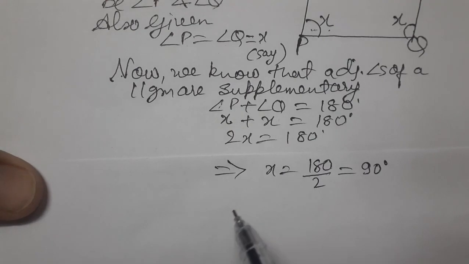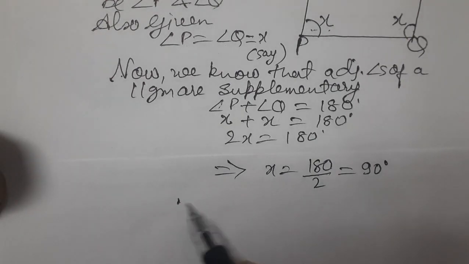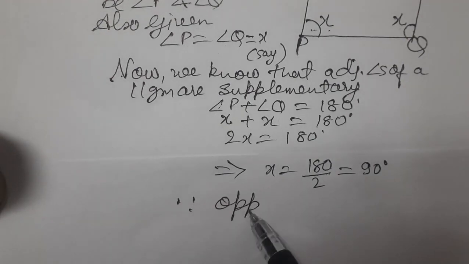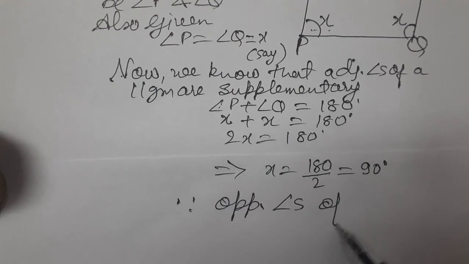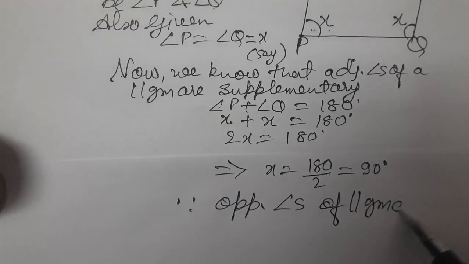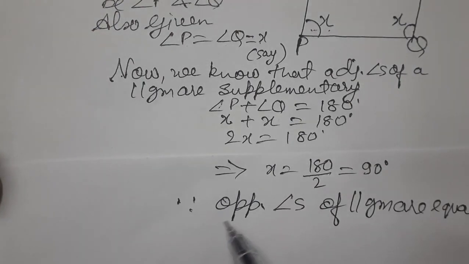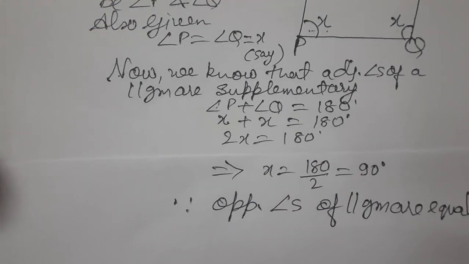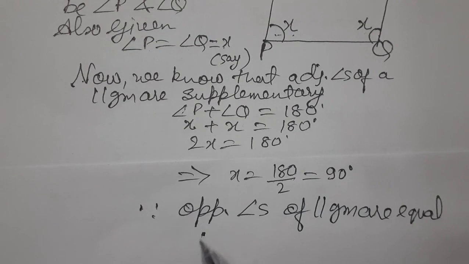Now children, we need to find all the angles, but we know very well the opposite angles of a parallelogram are equal.